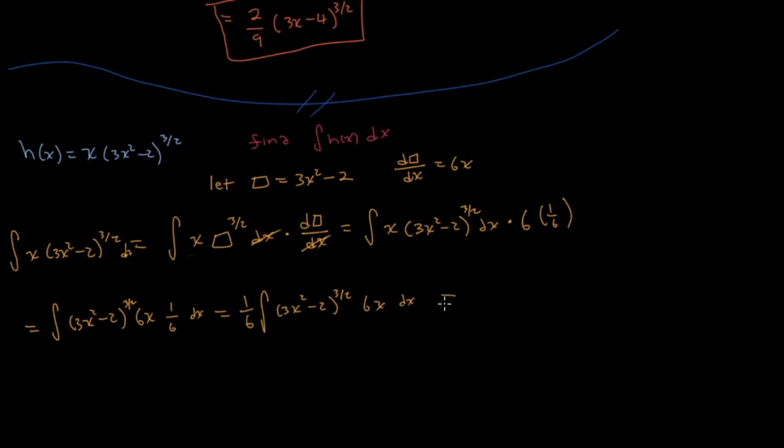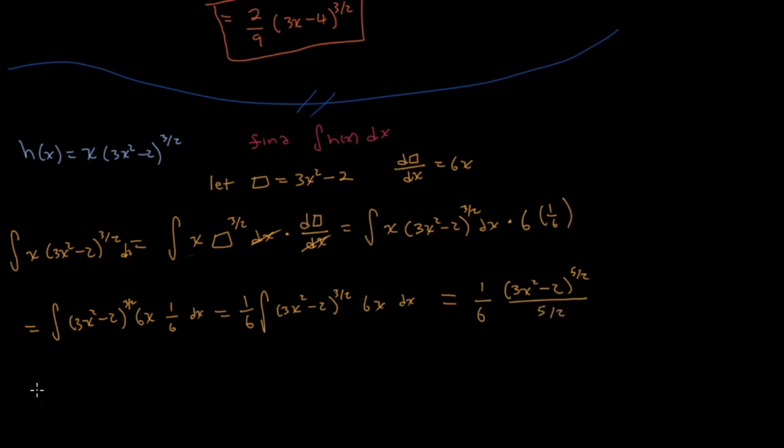So let's go ahead and do that. So 1 over 6 times 3x squared minus 2, and then 3 over 2 plus 1 is 5 over 2, divided by 5 over 2.